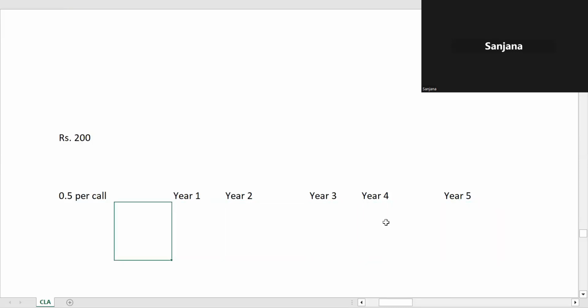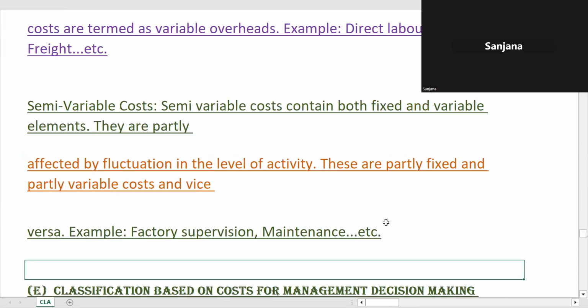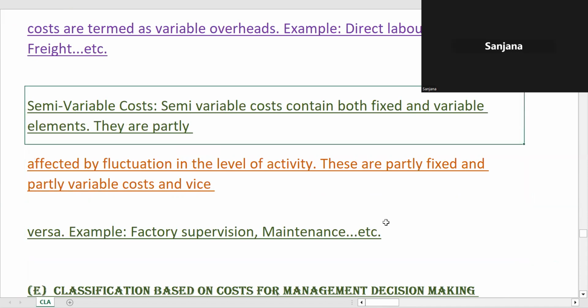But if I am going for too much overtime or something, then it might be useful only till year 3. It is possible, right? So this is an example of semi-variable. You cannot tell directly that if you use this much, it will last this long. So maintenance is always an example of semi-variable. When more usage is there, the cost is more, but not in direct proportion. So these are some examples of semi-variable costs.